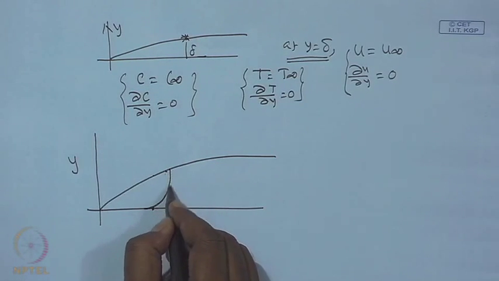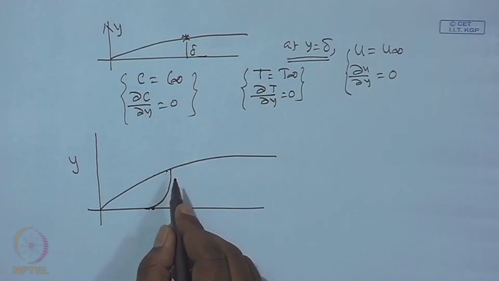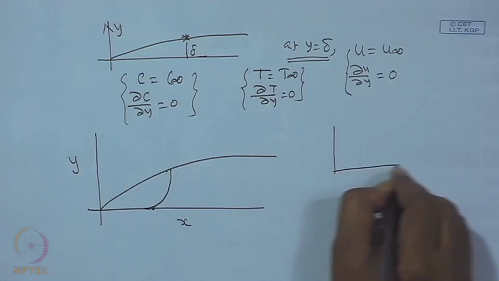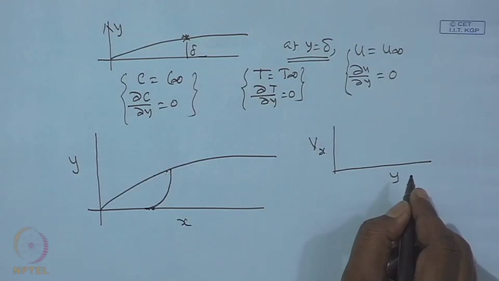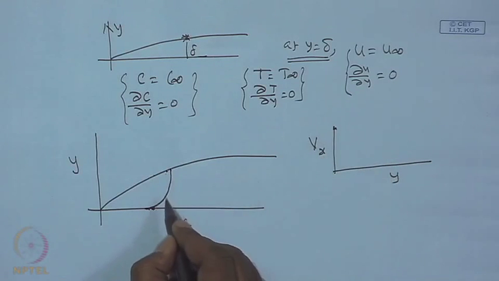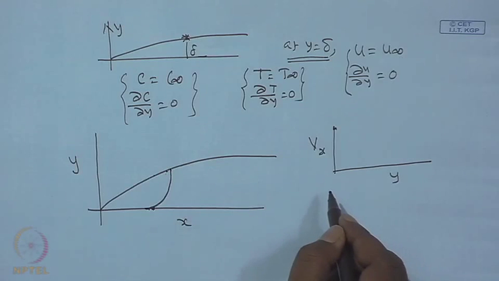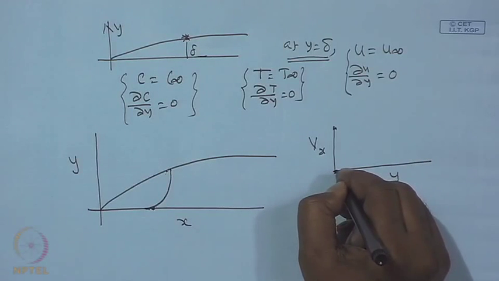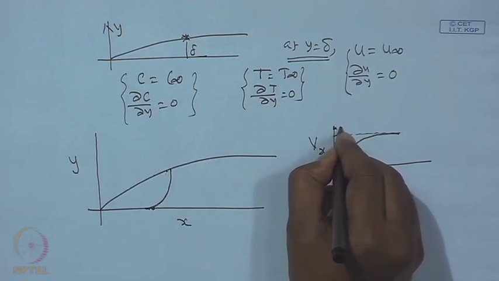If you plot velocity v x as a function of y, at y equal to 0 this is having a no slip boundary condition, so this value will be equal to 0, and at y equal to delta it will have a value, let us say this is v infinity.